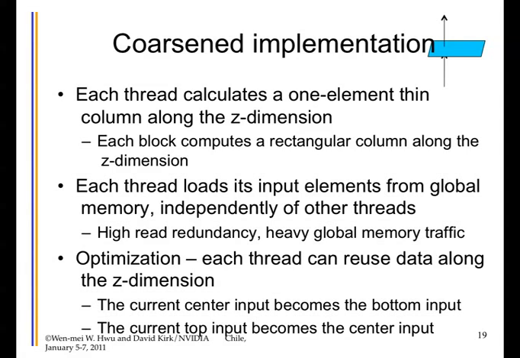But the next one is only going to need a new value, not 3 new values, because your current value becomes the neighbor value of your next one, and your current neighbor value becomes the center value. So you only need 1 more value to calculate the next one. This allows you to reuse data in a very consistent way. You load 3 first, and then every time you move to a new value, you just load another new value.